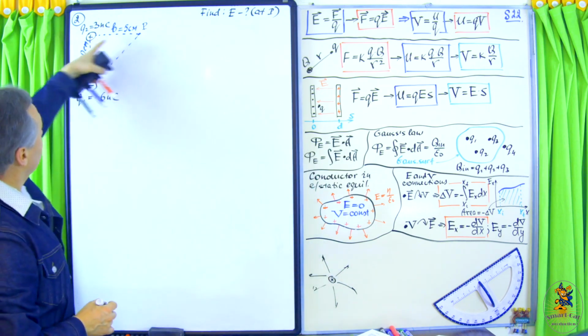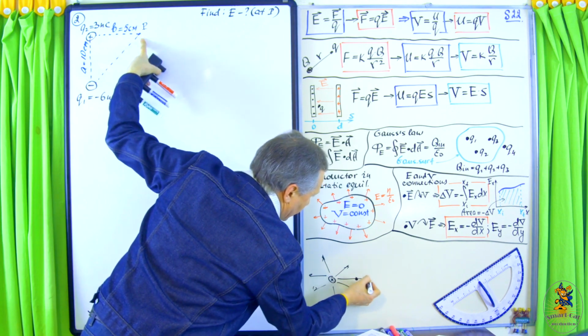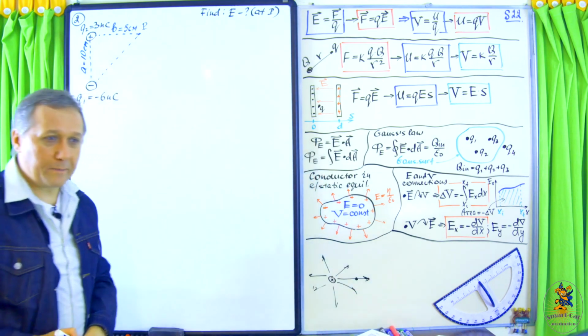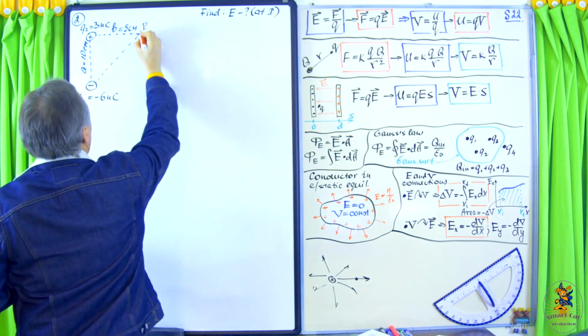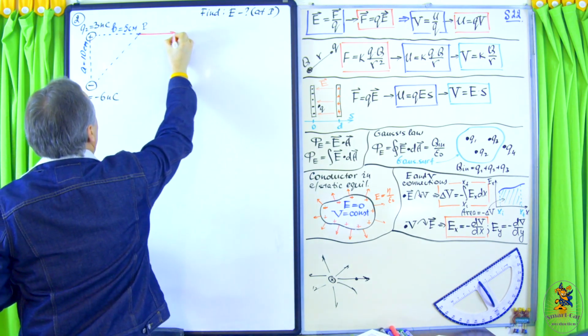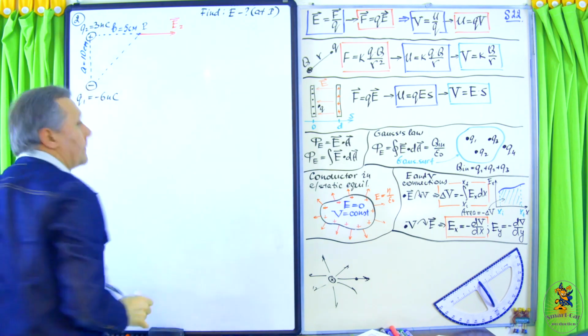So in our case, this point is over here, so the electric field will be pointing that way, away from the charge. That will be the contribution to the net electric field from the charge Q2. So that will be E2.